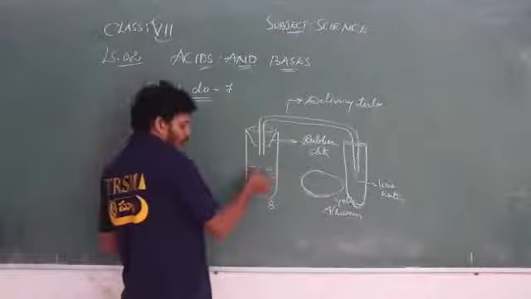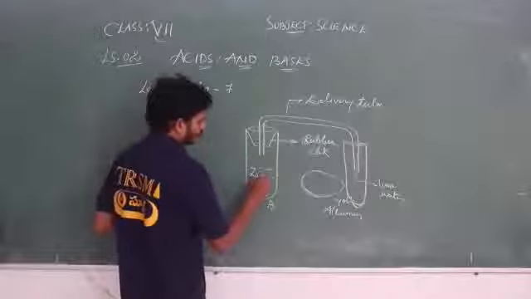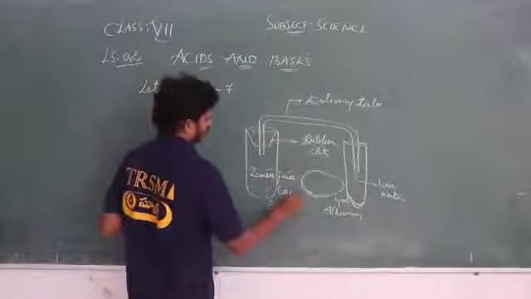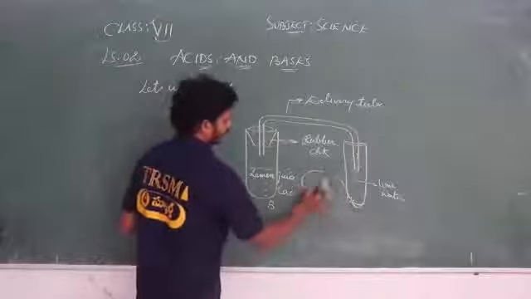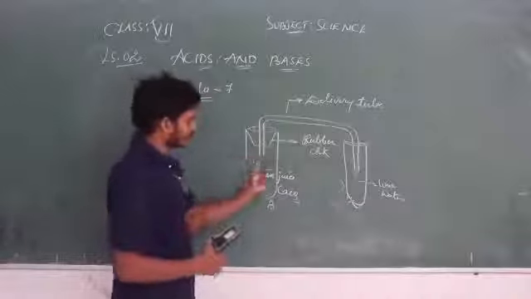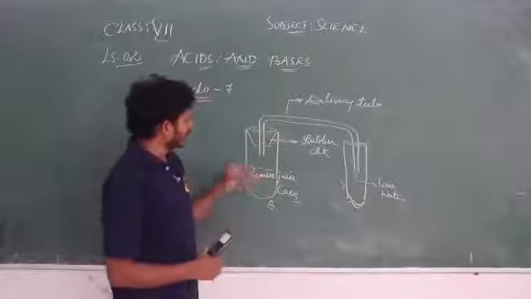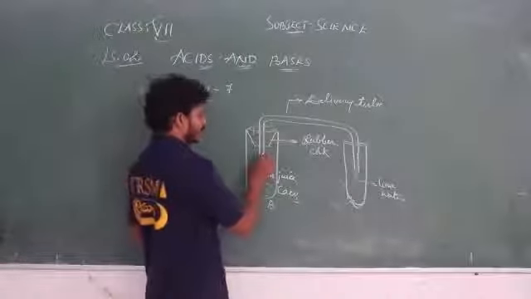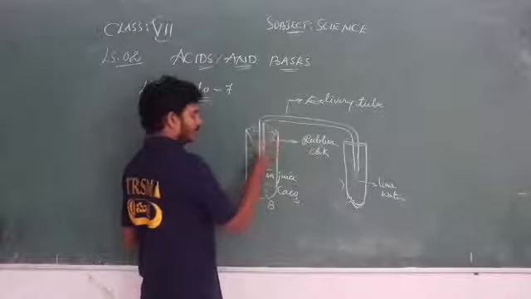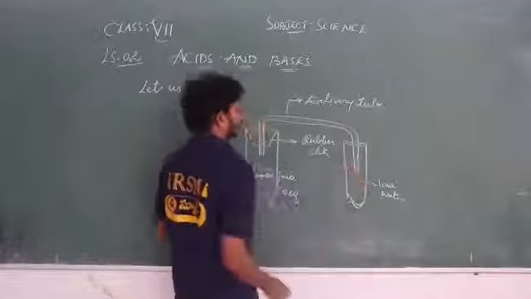When these are left like this, a chemical reaction takes place between the lemon juice and CaCO3. This delivery tube is connected to both the test tubes, and after some time we notice a gas is released. That gas is collected through the delivery tube and passed into the other test tube.